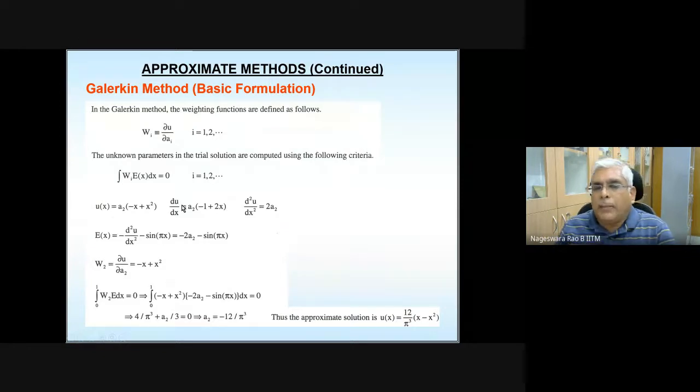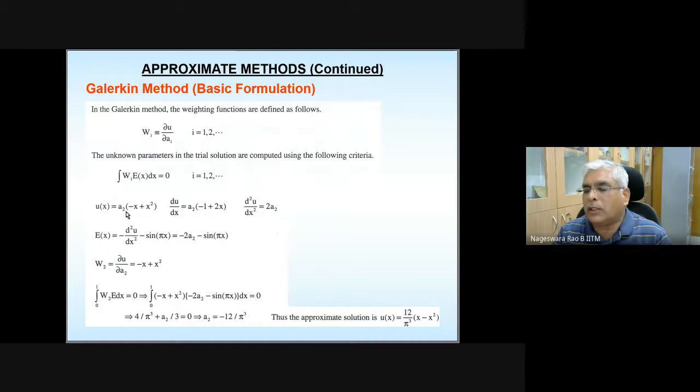For the given problem, the admissible solution is this. I'm not repeating the first few steps; those steps are common for all the methods: starting with the trial solution, a quadratic trial solution, substituting the essential boundary condition, and getting the admissible solution.